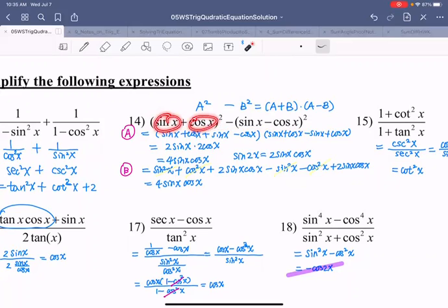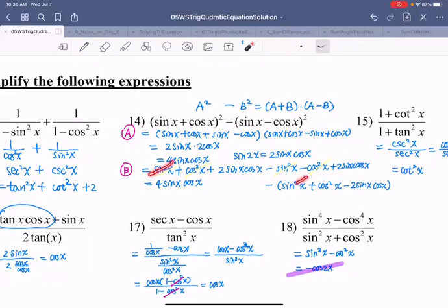Two numbers added together and squared equal the first term squared plus the last term squared plus double the product. If you want to do this as an additional step, you can minus sine square x plus cosine square x minus 2 times sine x times cosine x.